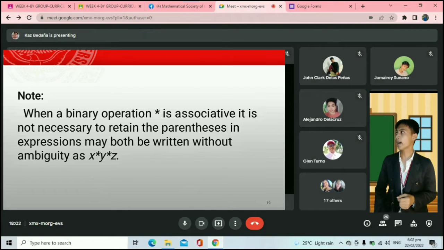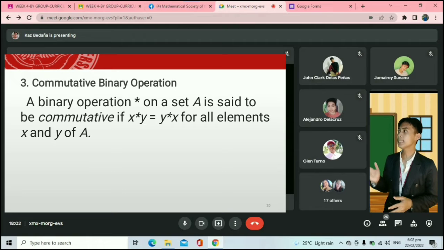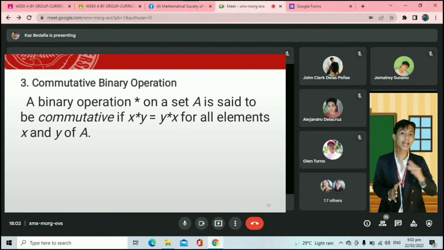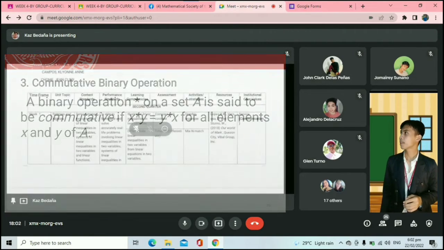Now we have the commutative binary operation. A binary operation asterisk on a set A is said to be commutative if x asterisk y is equal to y asterisk x for all elements x and y of A. We are going to have an example so that you could understand more about this property.